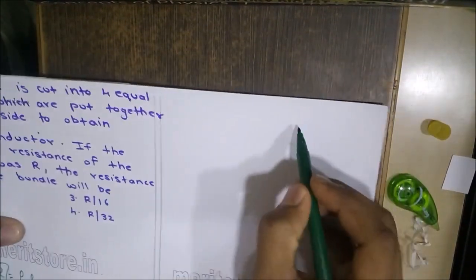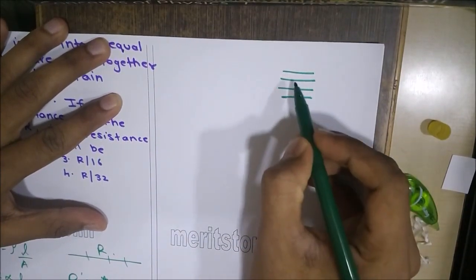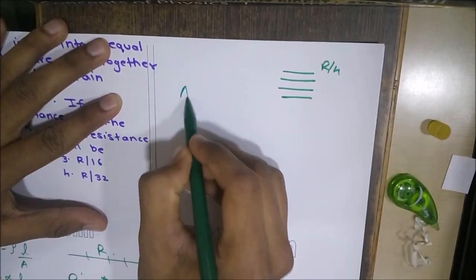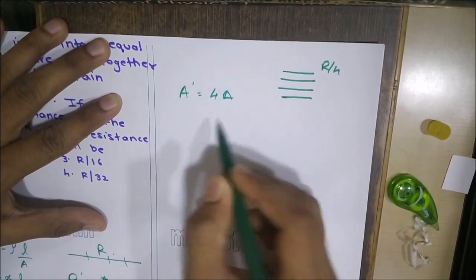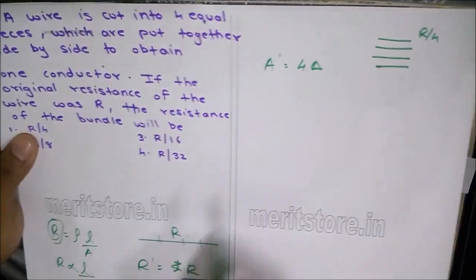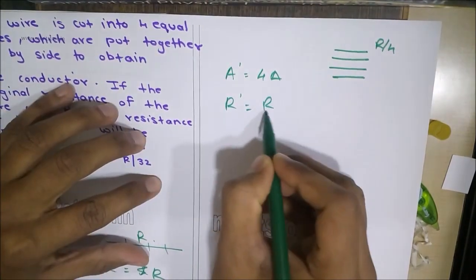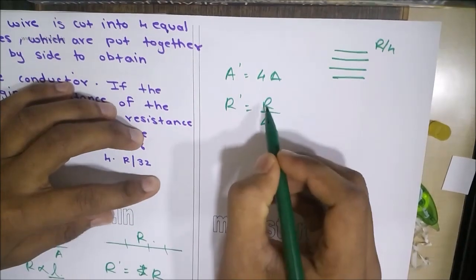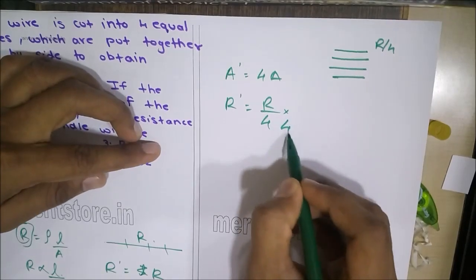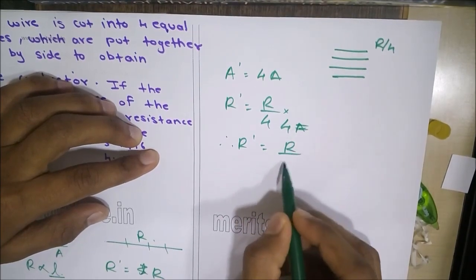However, since they are placed side by side, these are the 4 parts and each has a resistance of R by 4, and when stacked together the total area of cross section becomes 4 times the initial, and since R is inversely proportional to A, therefore the new resistance R dash would be R by 4, since the length has been shortened by 1/4 and also it becomes 4 times A. So R dash is equal to R upon 16.